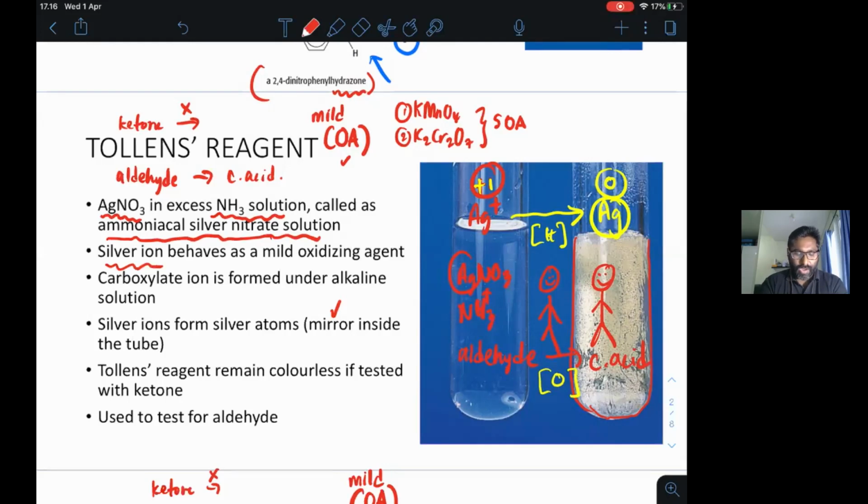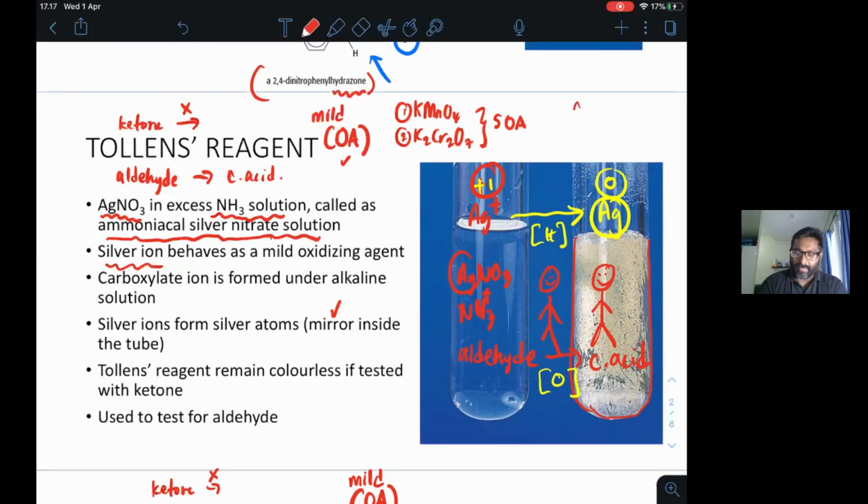So what's going to happen next? A carboxylate ion is formed under alkaline solution. I don't want you to focus so much on what kind of ion it is. Basically, the aldehyde will change into carboxylic acid.